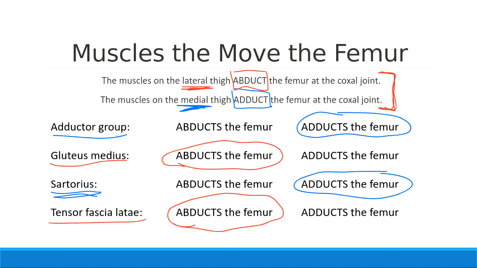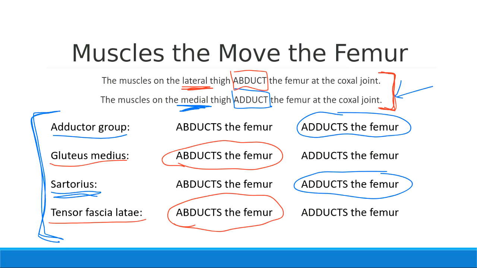This is the way that we want to approach these things. We are learning using their location to predict what they do. Do not go through and memorize this part here in the blue bracket. Don't memorize what they do. Memorize the general rules. If we know the general rules, that's going to help us to make these predictions. So abduction versus adduction.